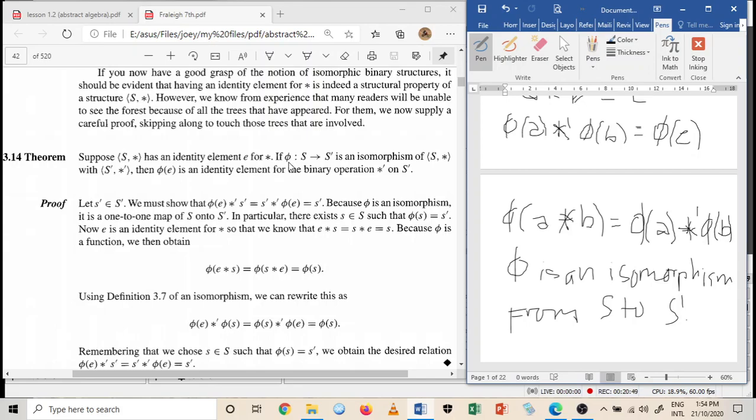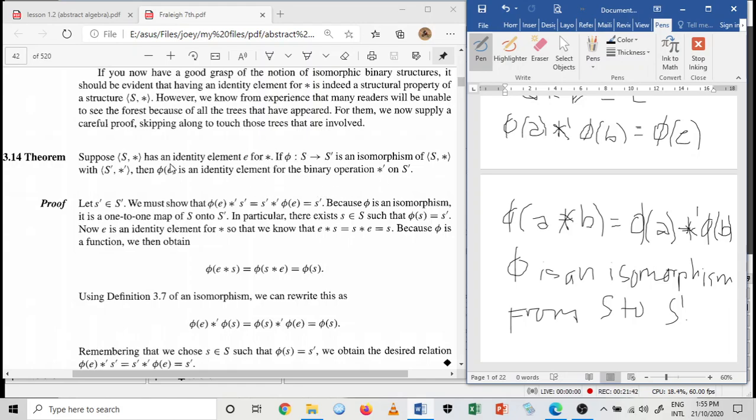Now, if phi, mapping or pairing S to another set S prime, is an isomorphism of S asterisk with S prime asterisk prime, meaning phi is a bijection from S to S prime that preserves the operations asterisk and asterisk prime of S and S prime respectively, then the image of E should also be the identity element for the binary operation asterisk prime on S prime.